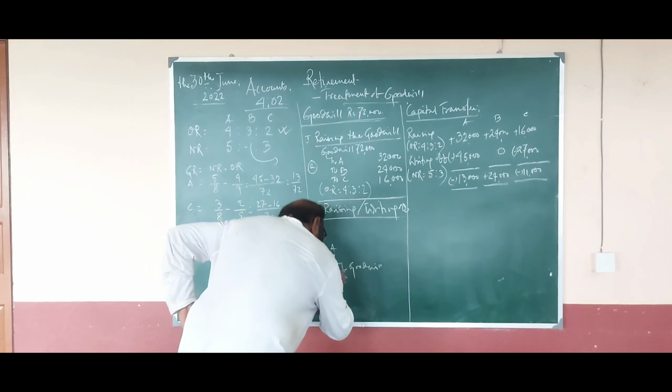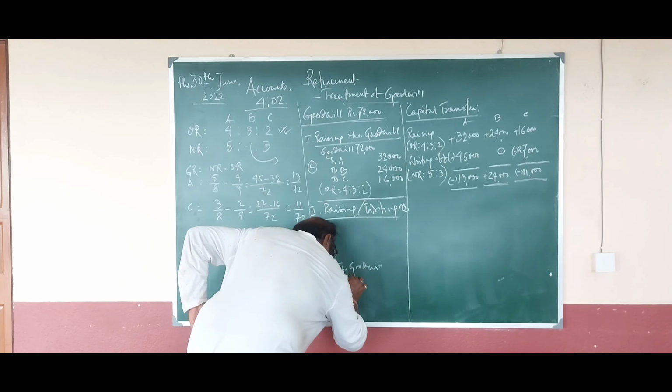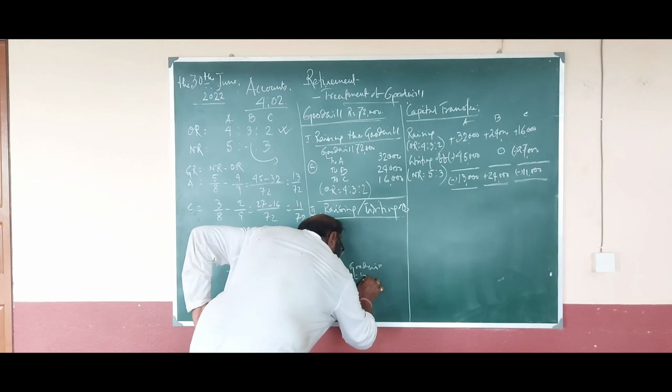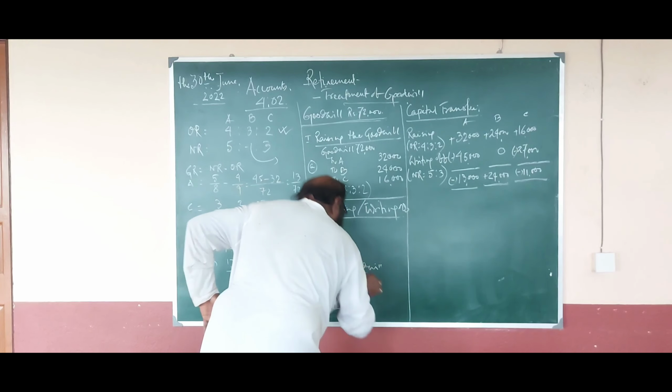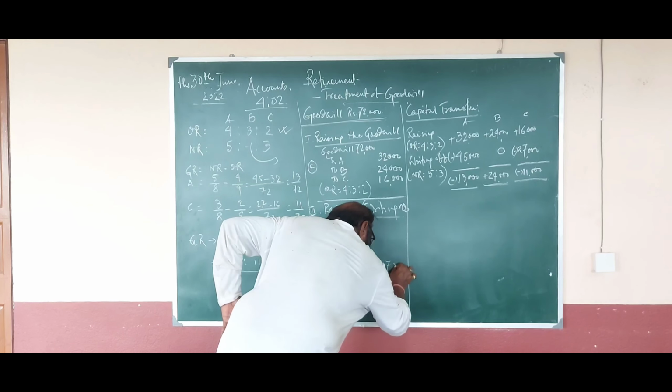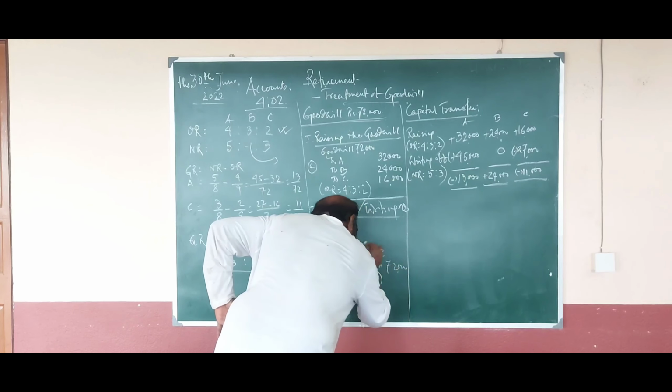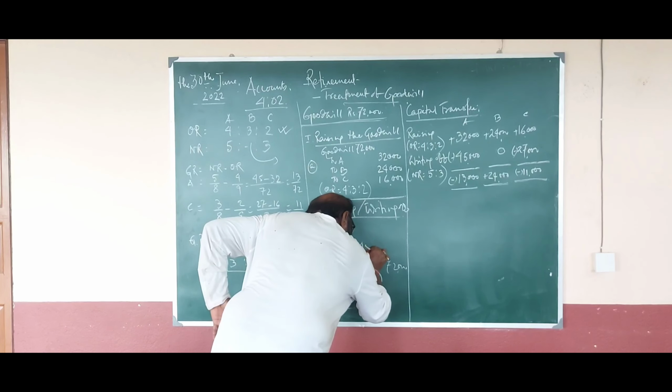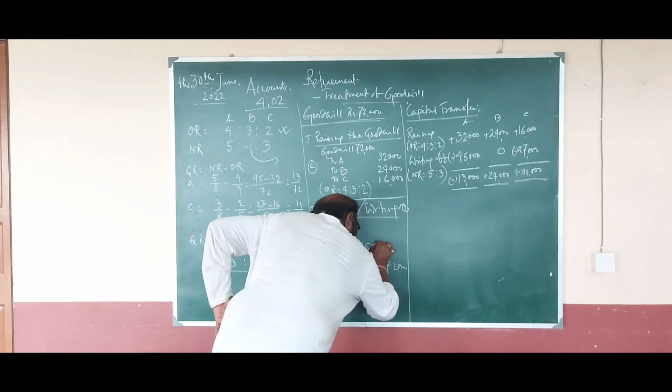Now in which ratio? In the new ratio. What is the new ratio? 5:3. So goodwill is 72,000, it is 45,000 and it is 27,000.